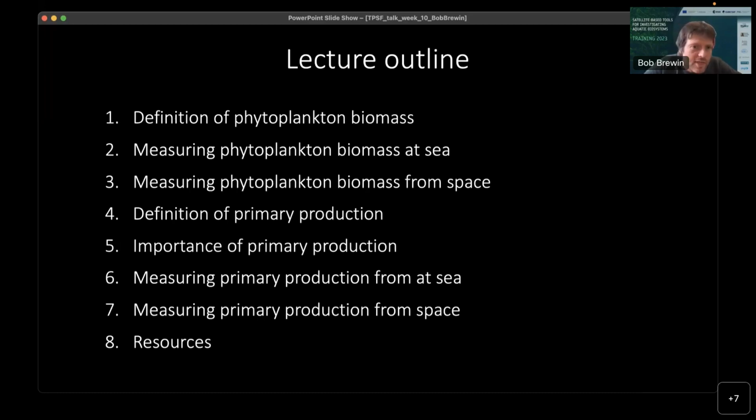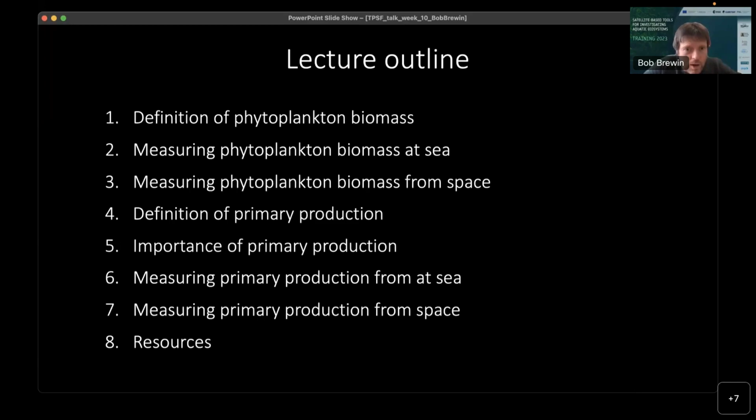Before I then move on to primary production, and the reasons for this I'll go into when we talk about primary production, but it's often useful to look at primary production as a biomass normalized variable, particularly when we're modeling it from satellite observations. I'm then going to talk about the importance of primary production.